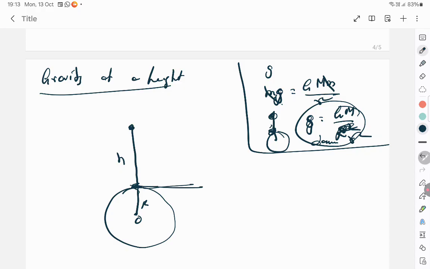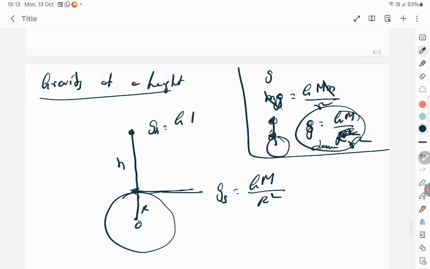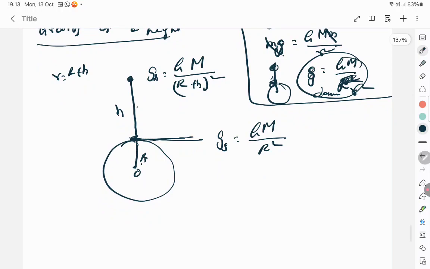Now come back here. What is gravity at the surface? Gravity at the surface, g s, is equal to capital G into capital M by distance capital R square, because that's the distance. But gravity at a height, capital G into capital M by small r square, which is R plus h the whole square. You understand? Yeah, I agree, small r itself is R plus h. So now divide equation 1 with equation 2.